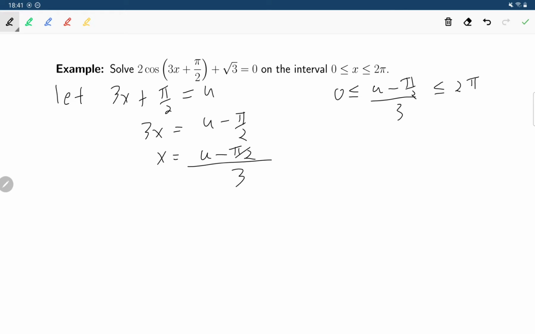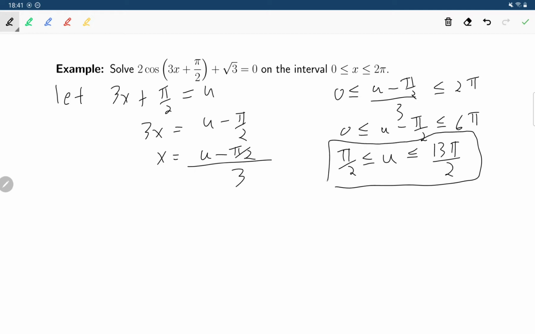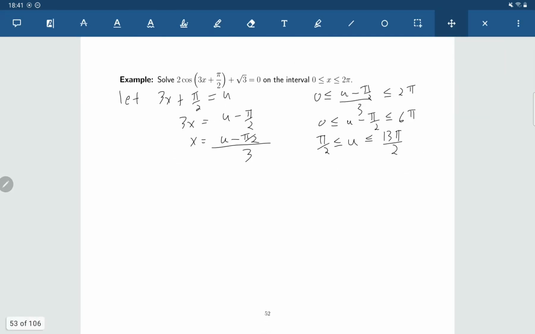If I multiply everybody by 3, then add pi over 2 to all sides of this inequality, then I have my interval that I need to solve over, from pi over 2 to 13 pi over 2. So that's what we're going to be solving here.